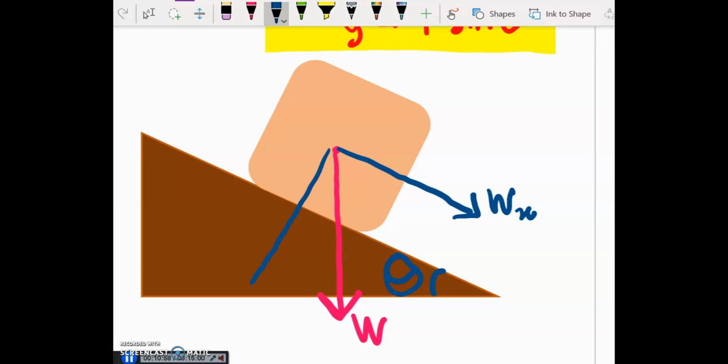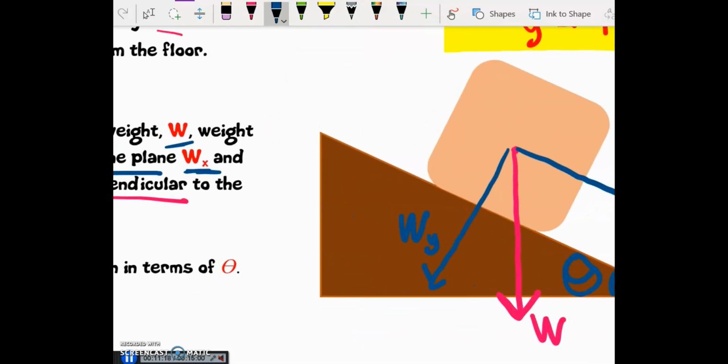Draw another line which is perpendicular, 90 degrees to the plane. So there you go. Now you have two components resolved from one single force. Don't forget to label it Wy.